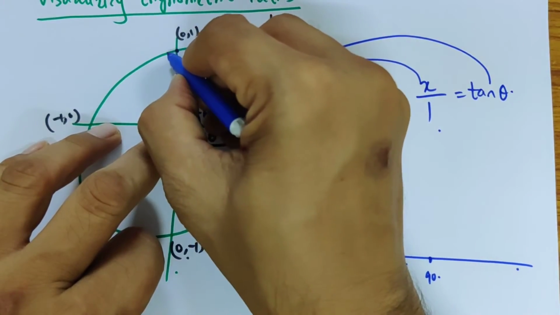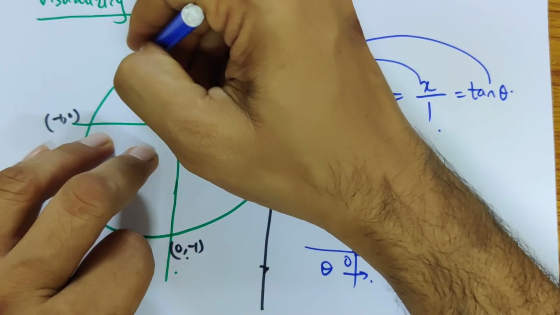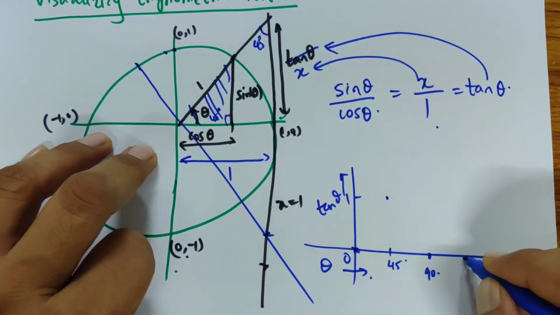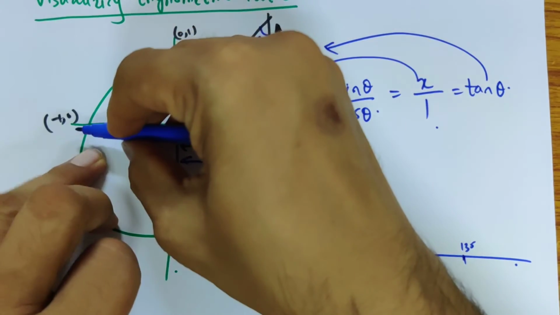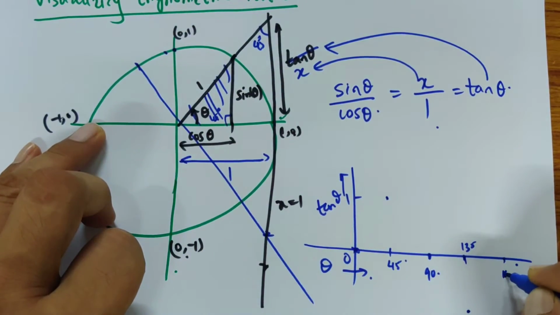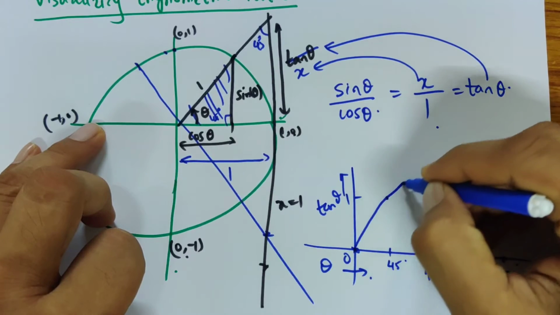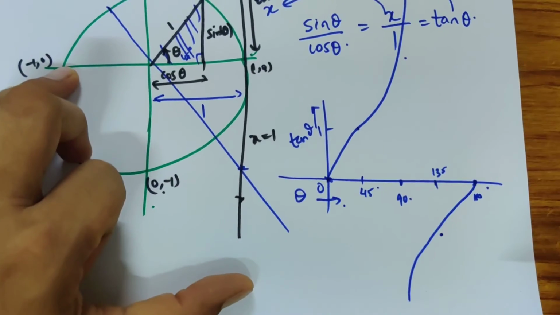And as it moves to the other side, let's say negative 45 degrees, the line now looks like this, the point has become negative. So if I take 135 degrees, which is 45 degrees plus 90, I am getting a negative 1, right? And then as I keep going all the way to 180 degrees, I again get 0. So you have basically this curve which tends to look like that, which is your tan theta curve.